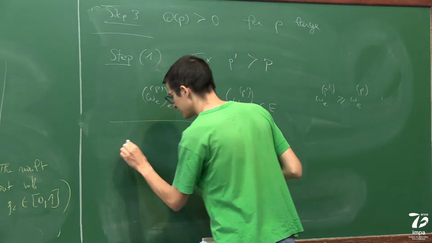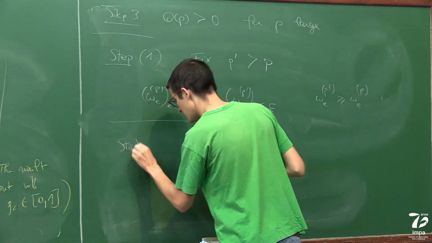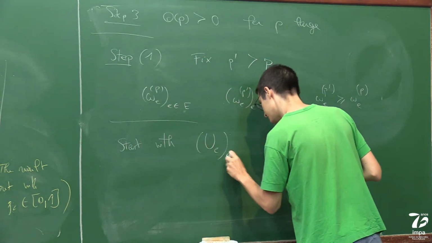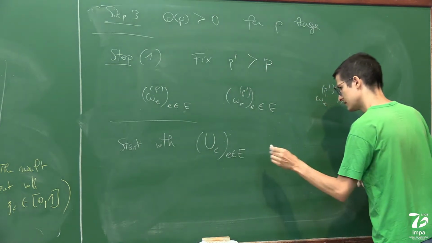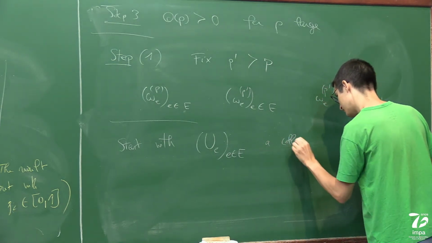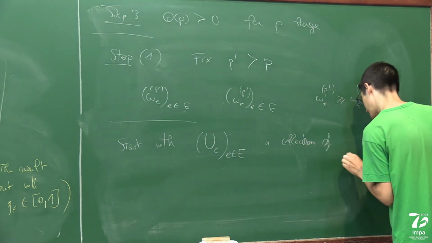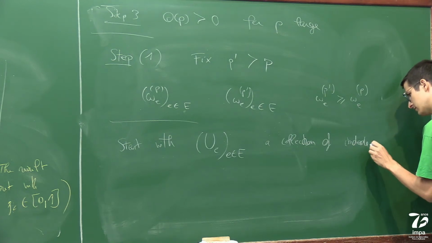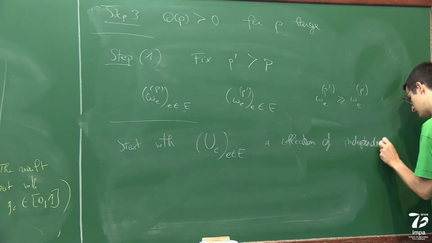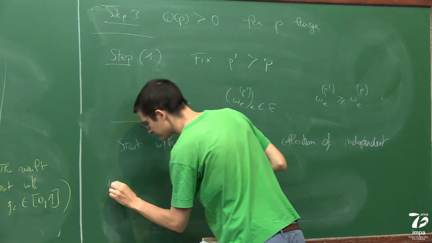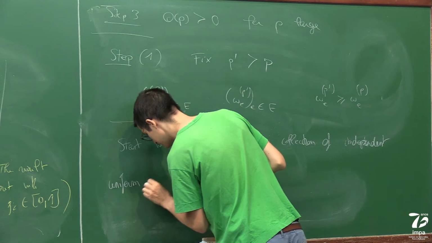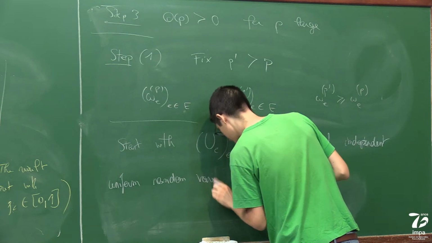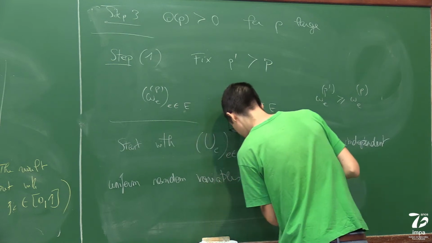So start with U_e, a collection of independent uniform random variables indexed by e.